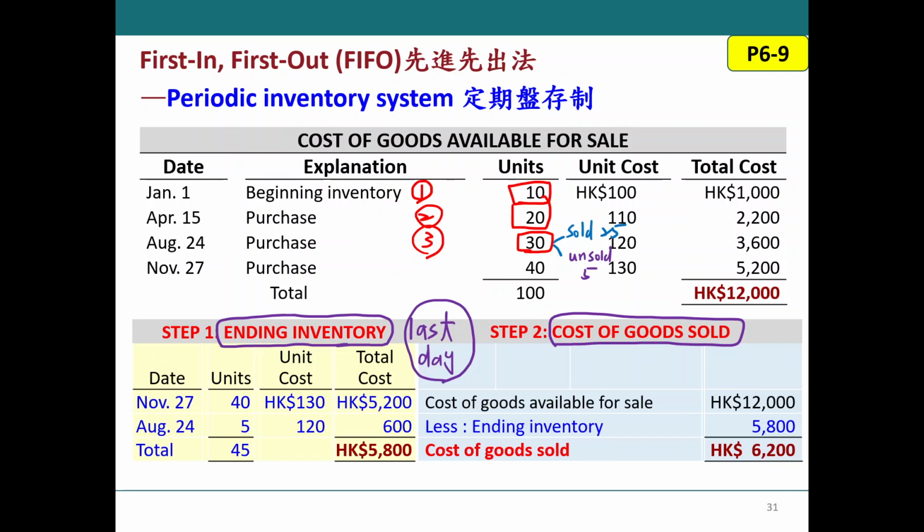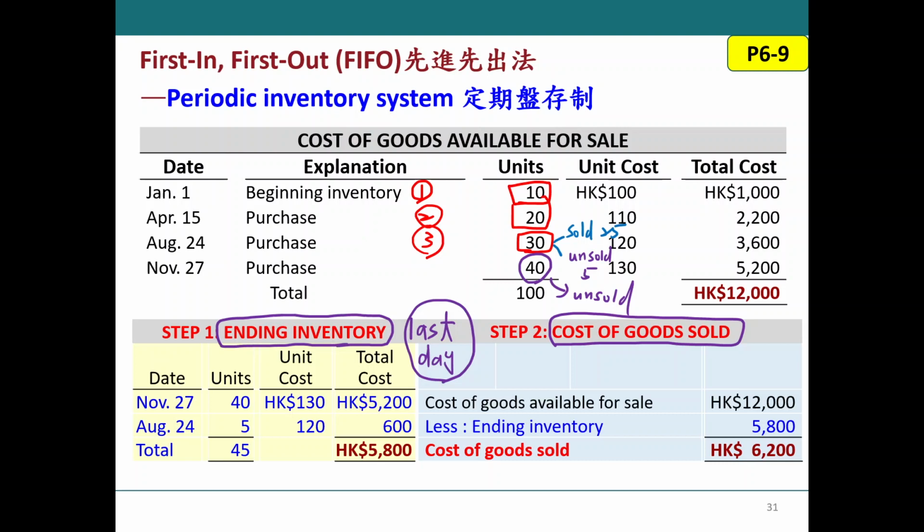How about the last purchase? 40. These are in your companies. So you still have 40 in your company unsold. Okay? Based on this, could you get cost of goods sold, cost of ending inventory? You could do that, right? So 5 units from where?